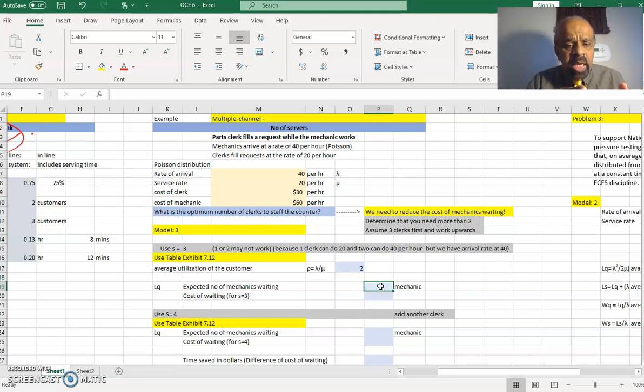Now you will see how many clerks: 1 clerk, 2 clerks, 3 clerks, 4 clerks. You may not have 1 or 2, but you will see one for 3 clerks. So if you go to the row where it says 2 and then go straight across to 3, next to that 3 is the expected number of mechanics waiting.